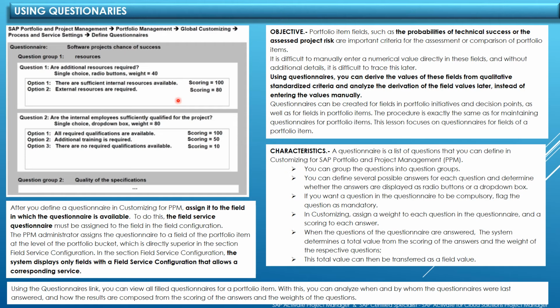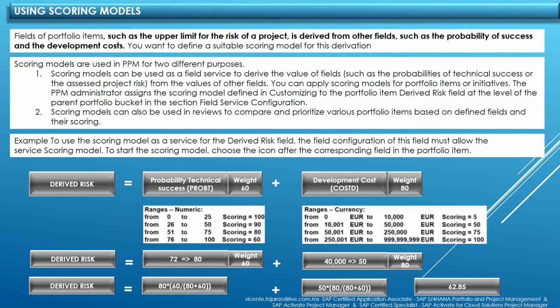In that way, we can know which user selected one or another choice in the questions that we have defined. In questionnaires, the value of the field is derived from some questions.